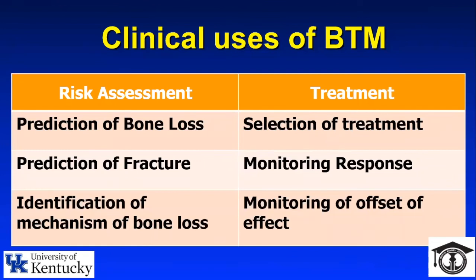So the importance of these bone turnover markers is that they predict the bone loss and fracture risk and identify the mechanism behind the bone loss. Because if you do a DEXA scan or if the patient has a traumatic fracture or low trauma fracture, you know that there is a bone loss.